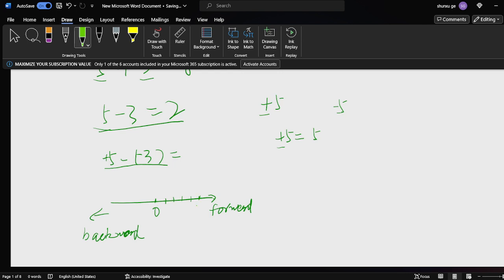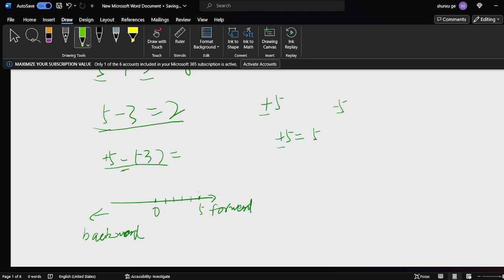Okay. Here is 5. The positive 5 means go to the right direction. For negative, here we can say minus or negative. Negative means tend to the left. The direction is backward.